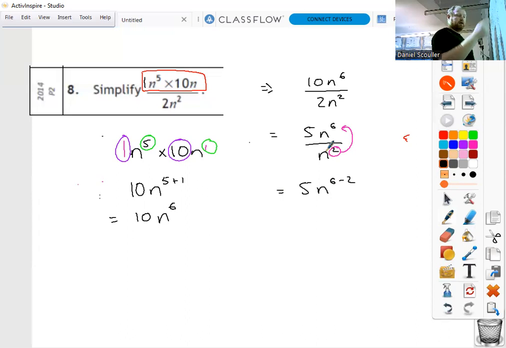That index in the bottom becomes a negative. They're the same letter, in this case it's 2 n's. If they're the same letter, then the index on the bottom letter becomes a negative when we go up to the top. Now, that's like a multiply, we add it together. Divide is the opposite of a multiply, so we take it away. I don't know, that helps. So that's your final answer.